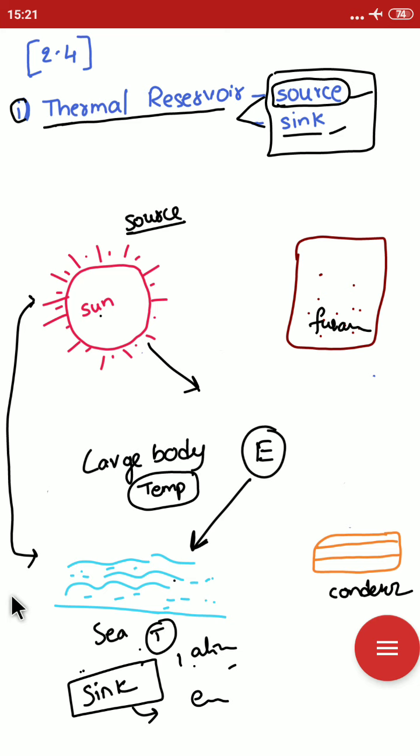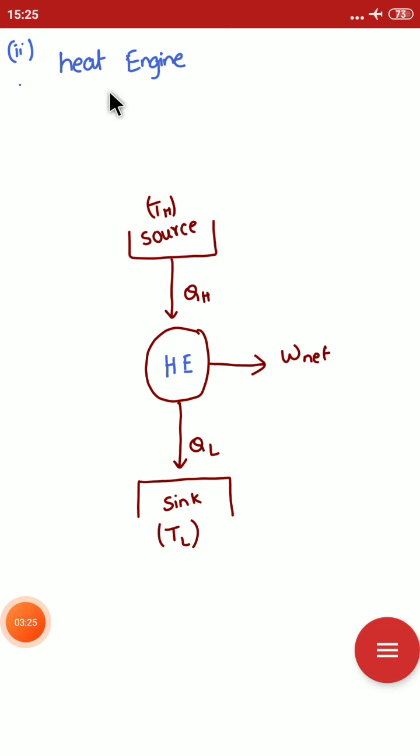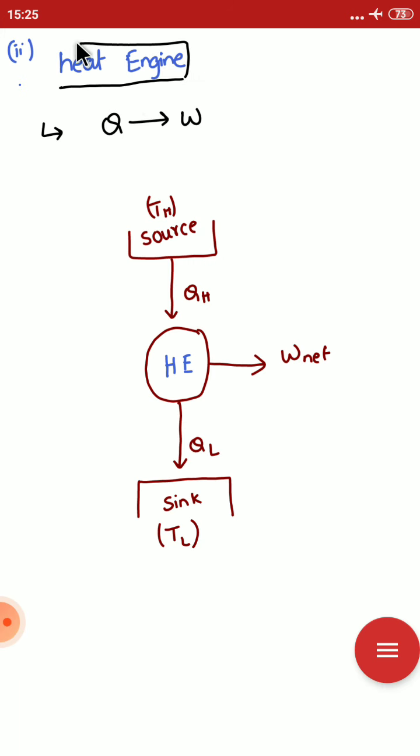The second topic in this video is what is a heat engine. The primary object of a heat engine is the conversion of heat energy into work. A heat engine is a cyclically operating device which extracts energy from the source.